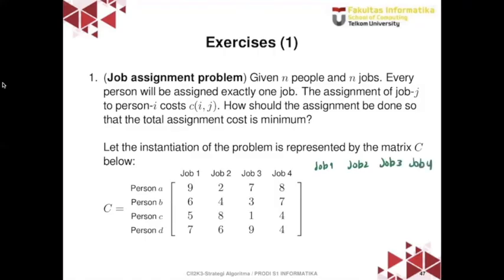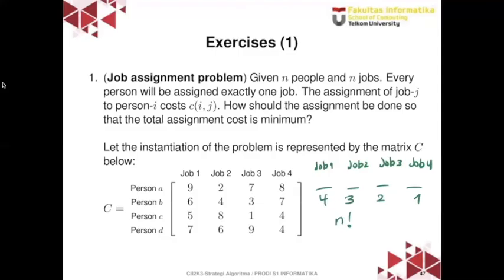So we have 4 jobs here, and each job will be assigned to one person. So there are 4 possibilities here, 3 possibilities here, 2 here, and 1 here. So in general, we have n factorial possibilities.